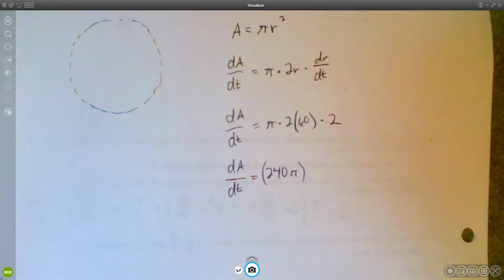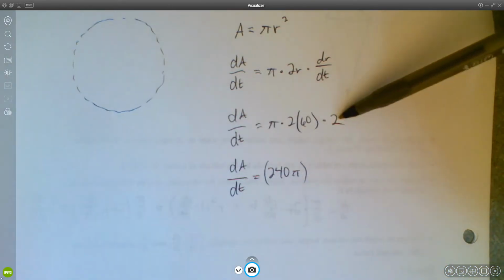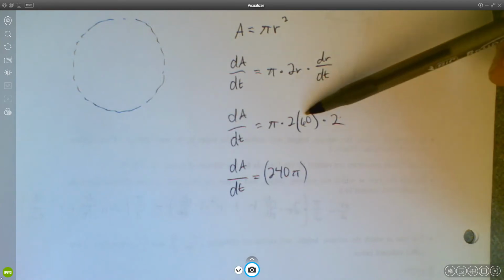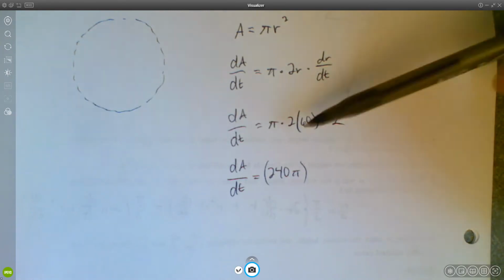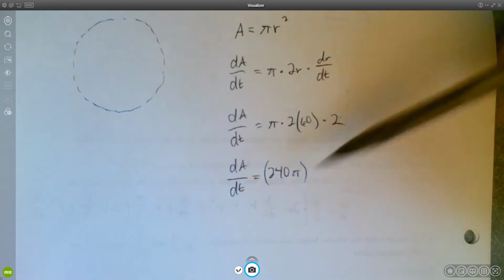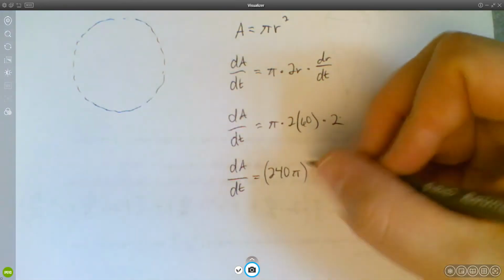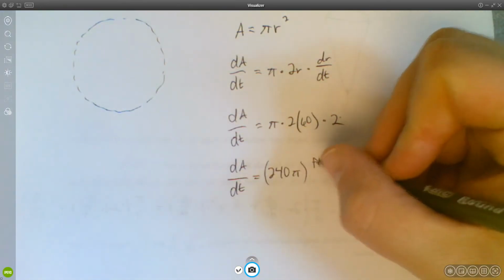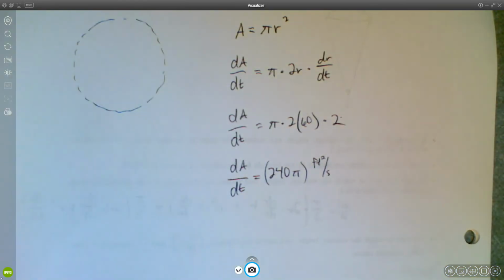I guess we might want to figure out the units. This was 2 feet per second, and this was feet. So we have 240 pi feet squared per second, or square feet per second.